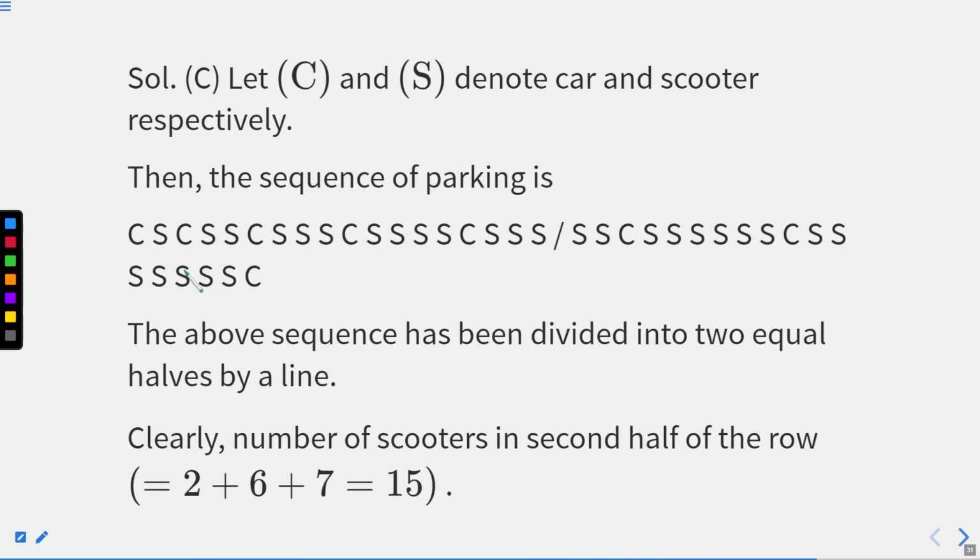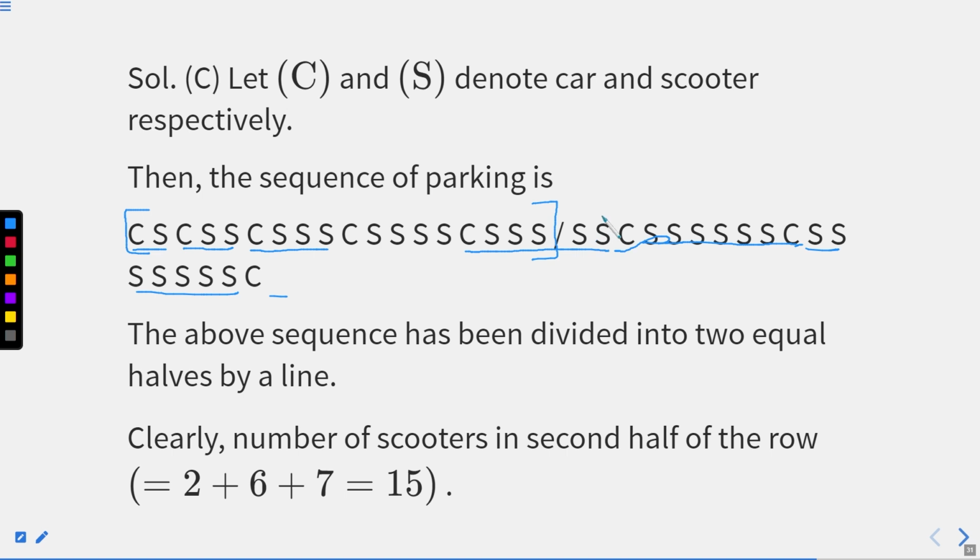As we discussed, first is a car and a scooter, a car and 2 scooters, a car and 3 scooters, and so on. Here we have a car and 5 scooters. But these are the first 18 vehicles. We need to find the number of scooters in the second half. So here we have a car and 6 scooters, then a car and 7 scooters, and then a car.